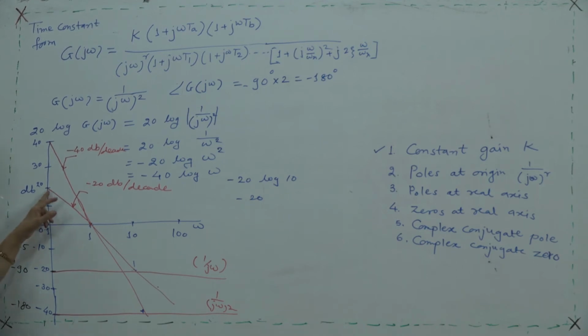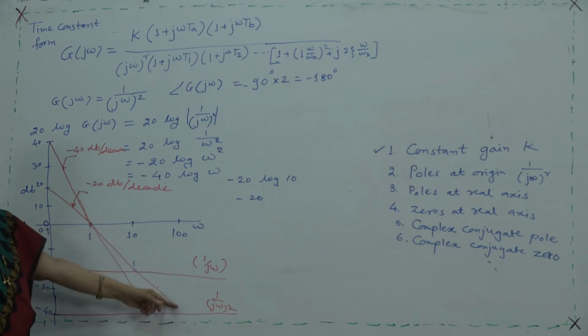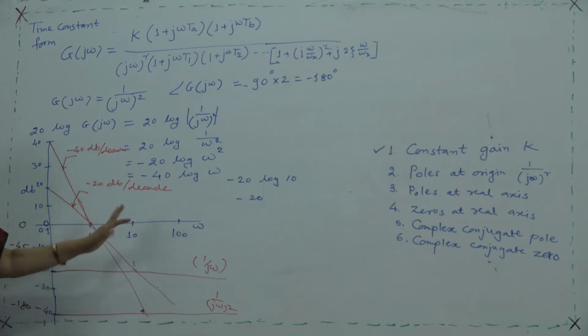Okay. So, when one pole is at origin, the line passes through 1, that is, at 1 it is 0, and you draw a line with minus 20 dB per decade. When two poles are at origin, draw a line passing through 1 with minus 40 dB per decade.